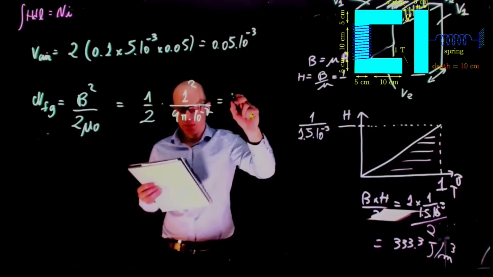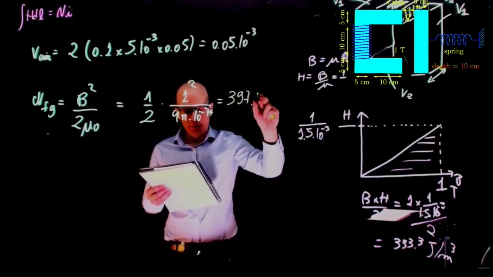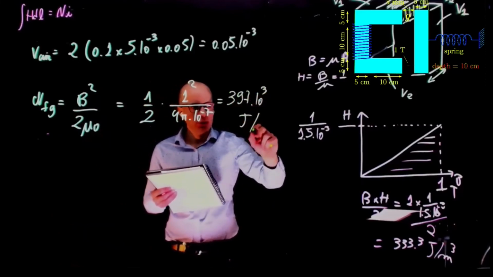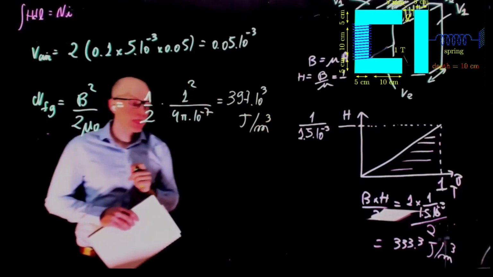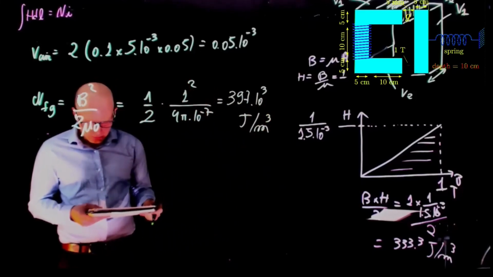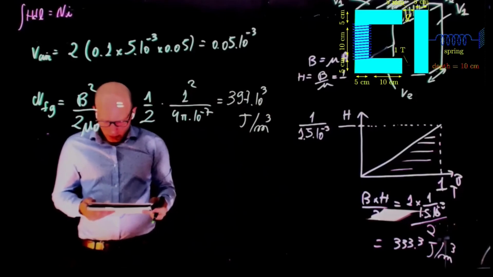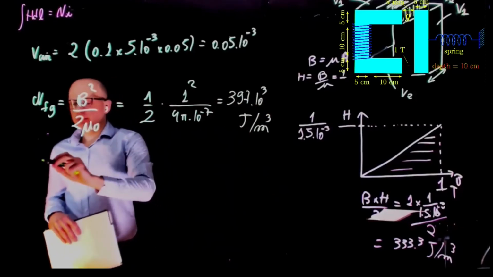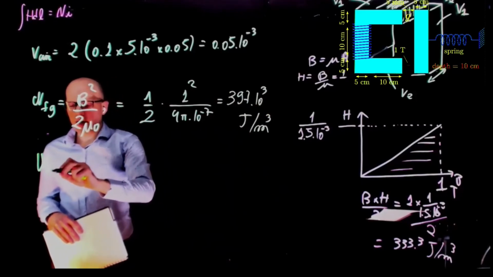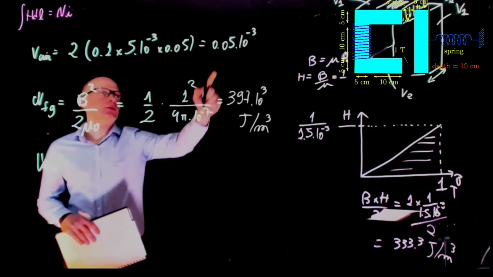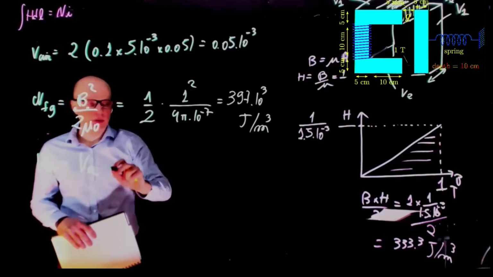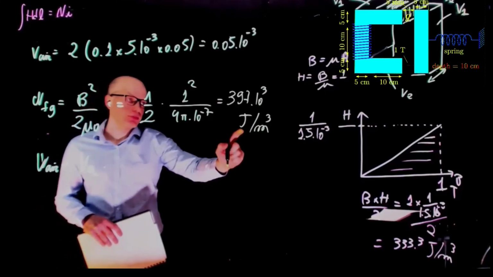And this is 397 times 10 to the 3 joule per cubic meter. And what is the energy in the air gap now? It is the volume times that.